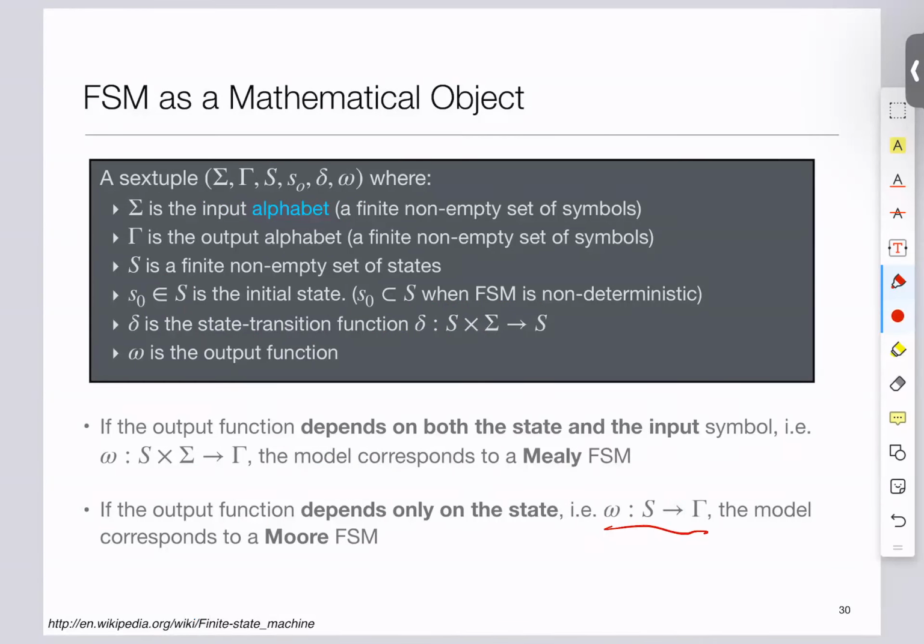So I can think of an FSM as a collection of these 6 things: a set sigma, a set lambda, a set S, a state S0, and 2 functions, delta and omega. Given these, I have all the information I need to say what my FSM does.